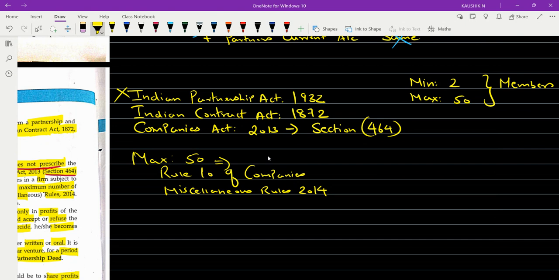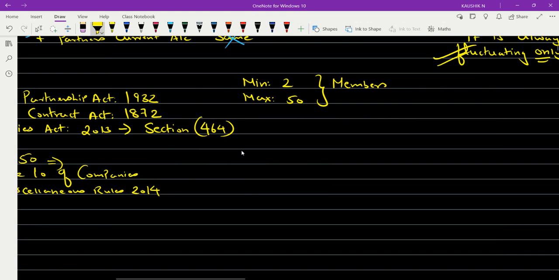It is the Companies Act of 2013, through Rule 10 of the Companies (Miscellaneous) Rules 2014, that has framed the maximum as 50. It came down from 100 to 50. So that's why we say the minimum is 2 and the maximum is 50 members in a partnership firm.